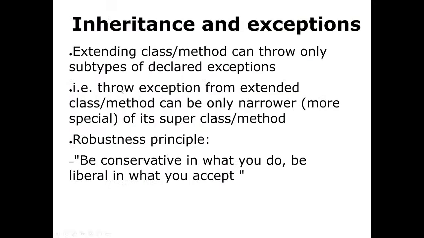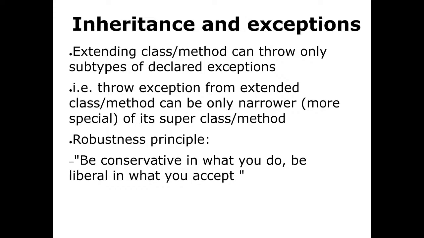So extending a class, an exception thrown from a subclass can only be narrower, more special than the superclass's. Basically that's mostly the same as for casting. When we discussed casting, you know that upcasting is always acceptable.